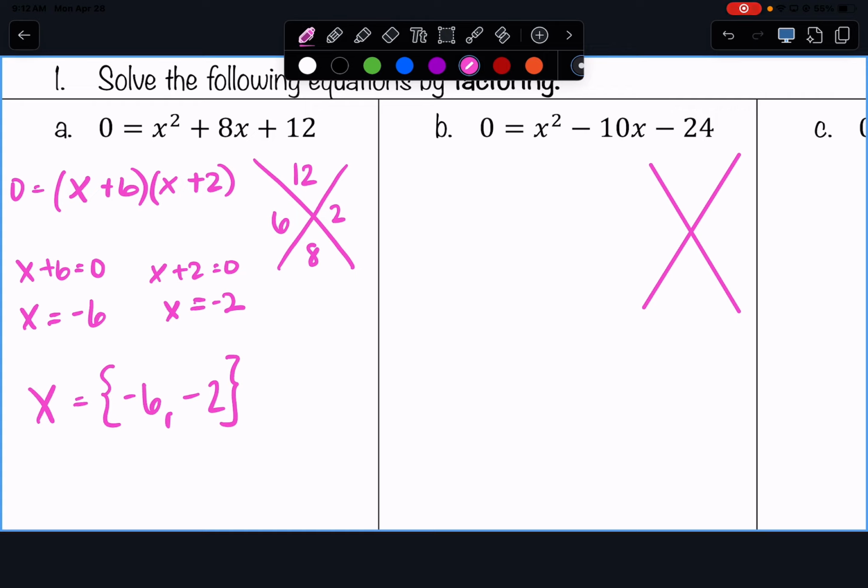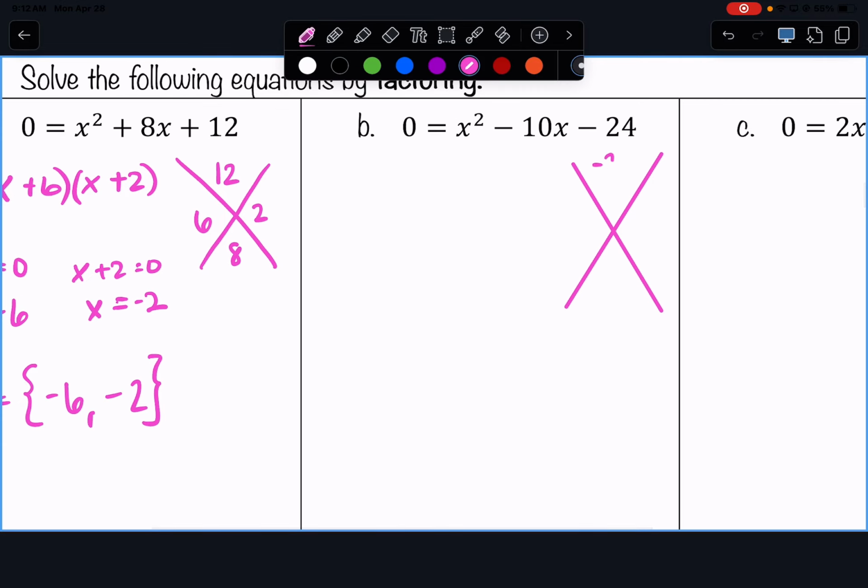All right, so what is A times C for B? What is B? So to multiply to get a negative number, I need both a positive and a negative. So what do my numbers need to be? Negative 12, positive 2. Can I use a shortcut for this one? Yes. So we get 0 equals x plus 2 times x minus 12.